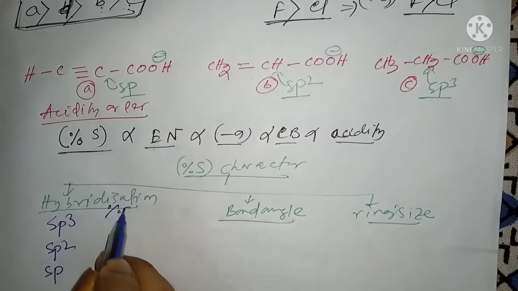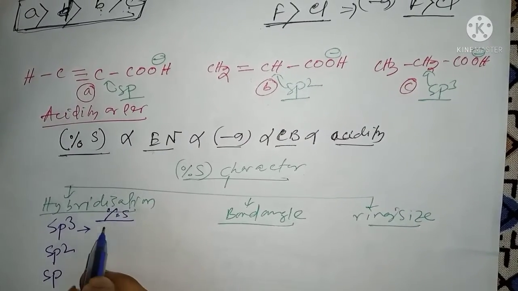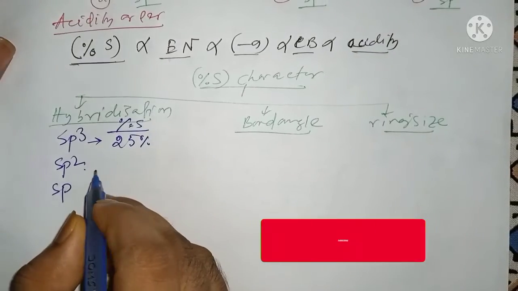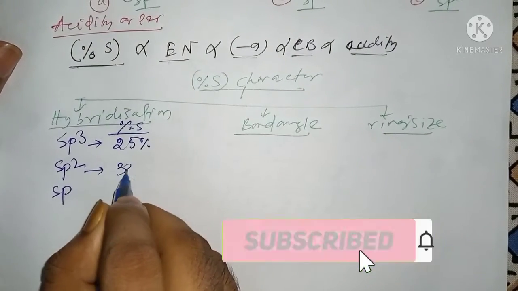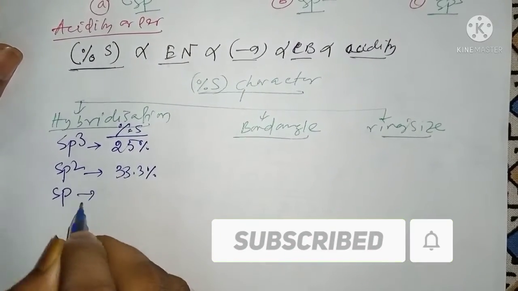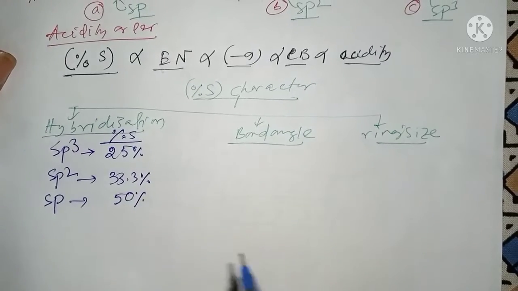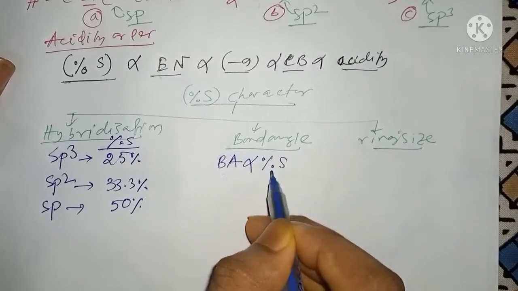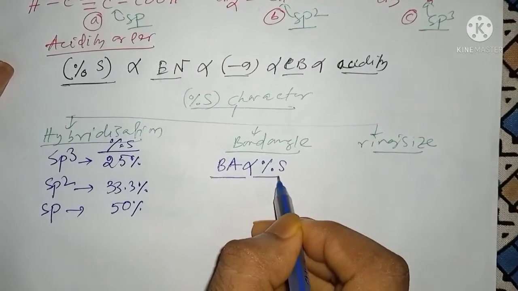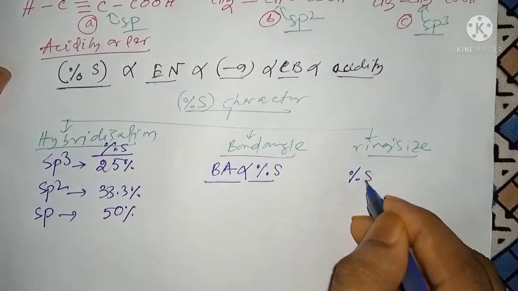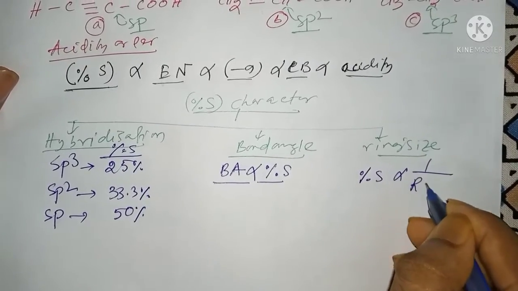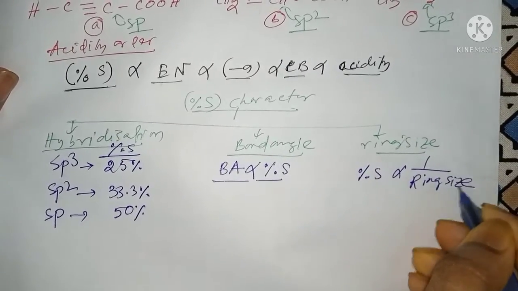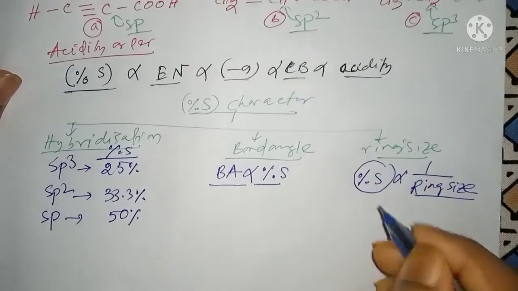The percentage of s character in sp3 is 25%, in sp2 is 33.3%, in sp is 50%. Bond angle is proportional to percentage of s character. Bond angle increases, percentage of s character increases, and percentage of s character is proportional to 1 by ring size. Ring size increases, percentage of s character decreases.